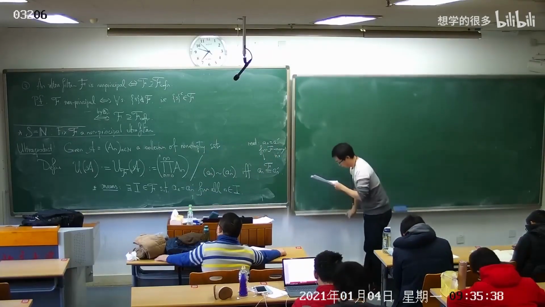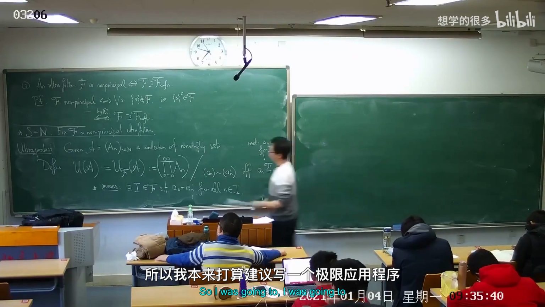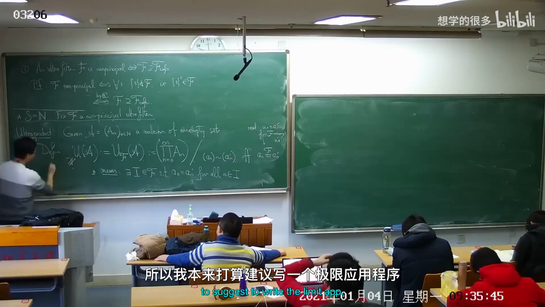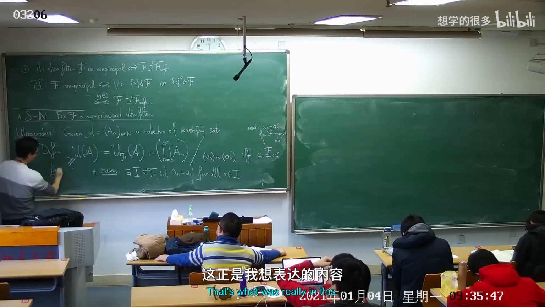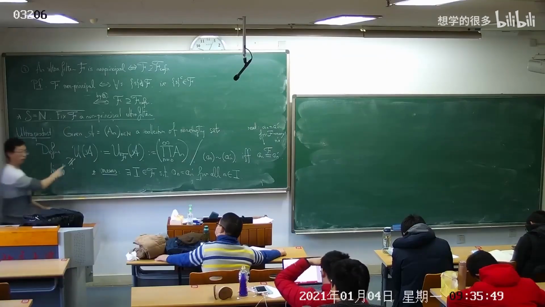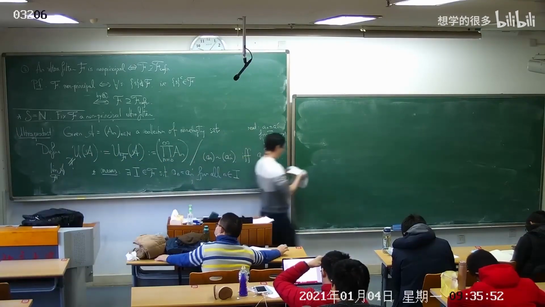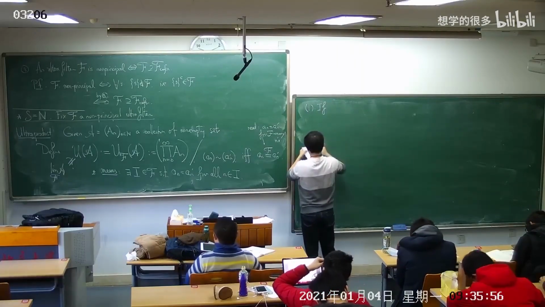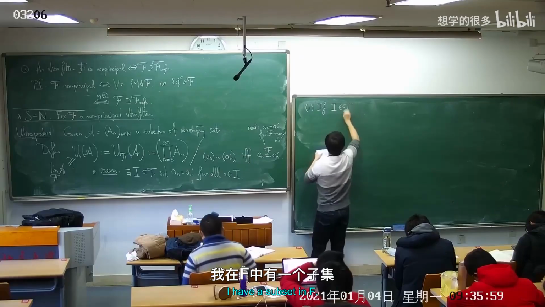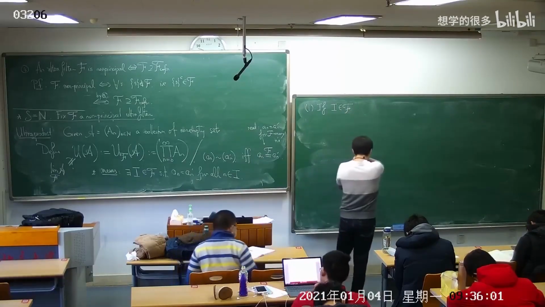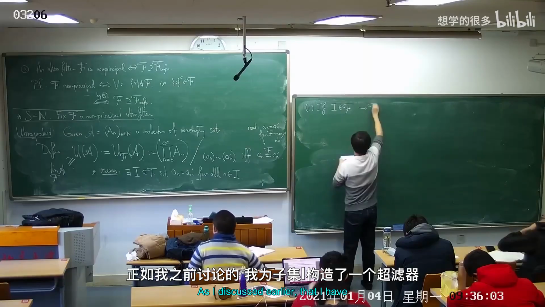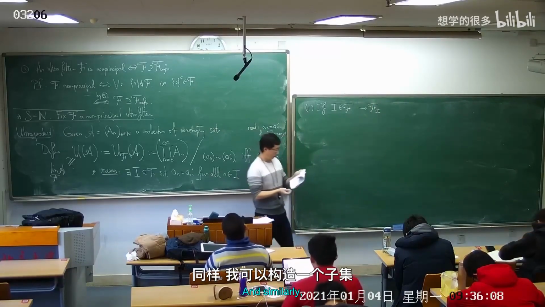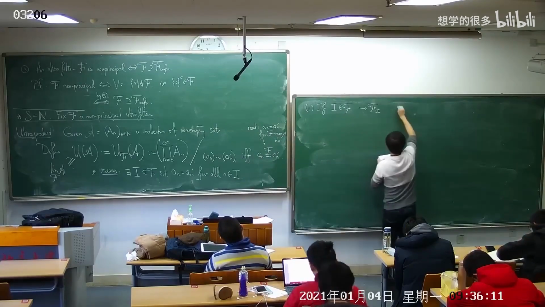I was going to suggest writing limit_F, but that's what it really is. You'll see. First of all, if I have a subset I in F, then as I discussed earlier, I have an ultrafilter for this subset I. Similarly, I can form a sub-collection.